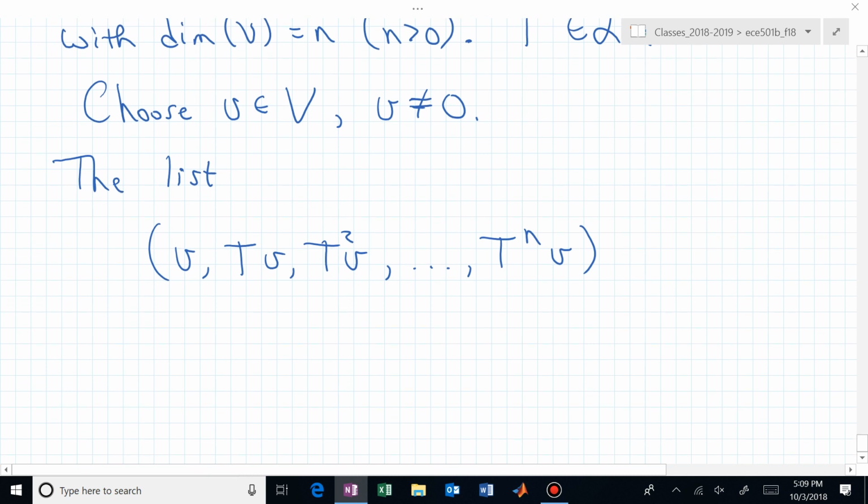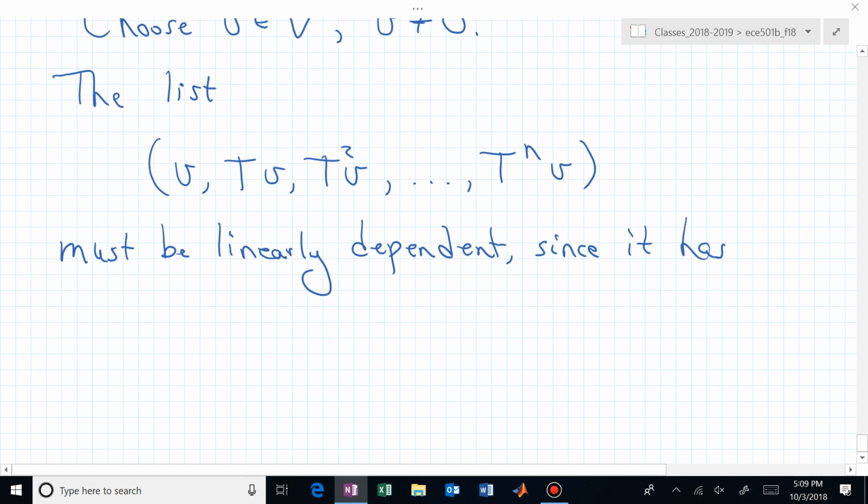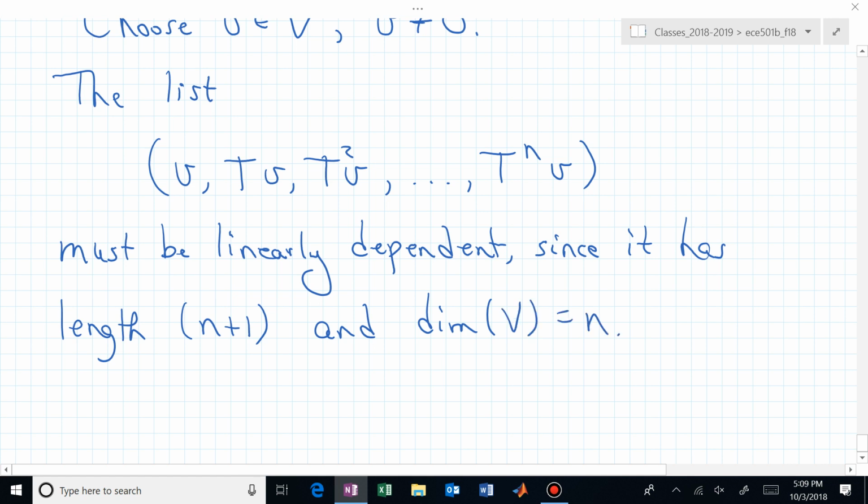So the list, V through T to the n V, must be linearly dependent since it has length n plus 1 and the dimension of V was n.